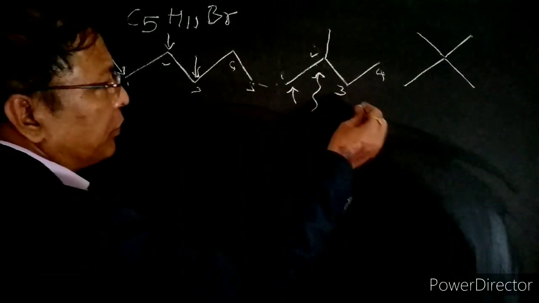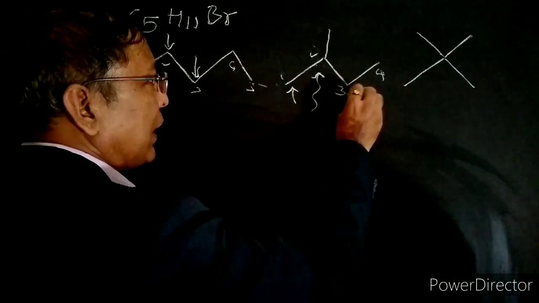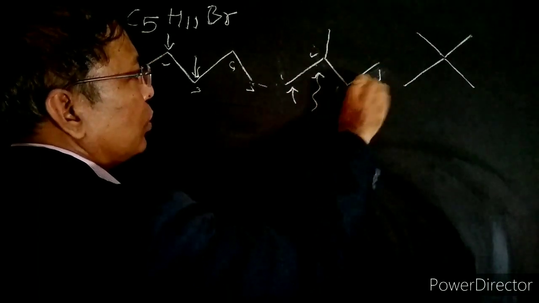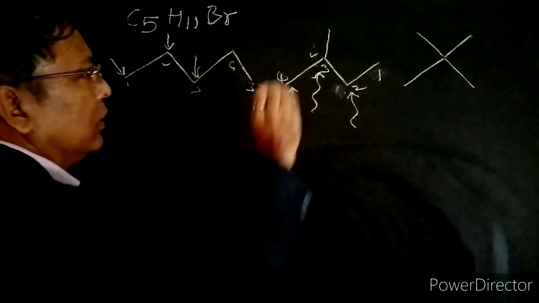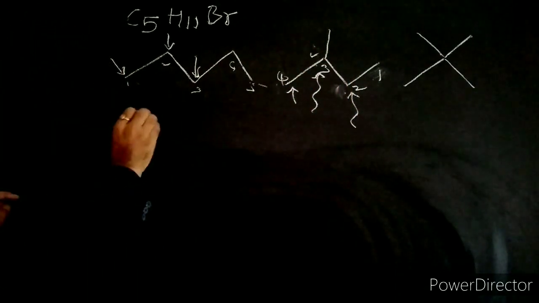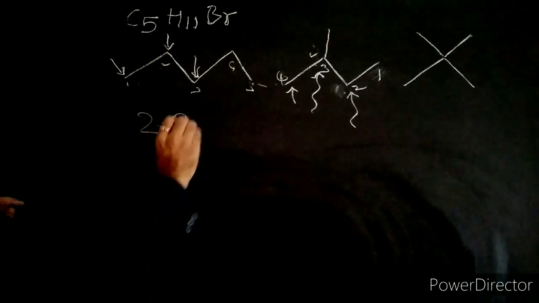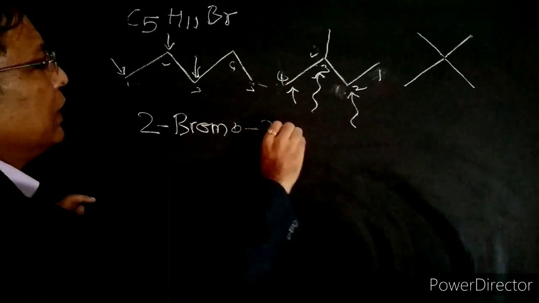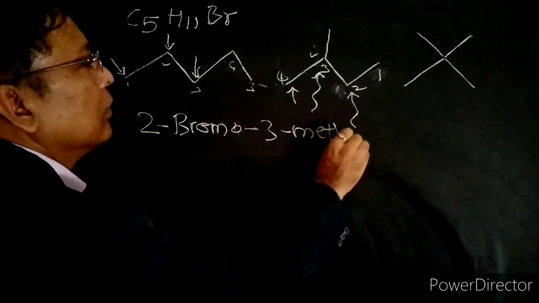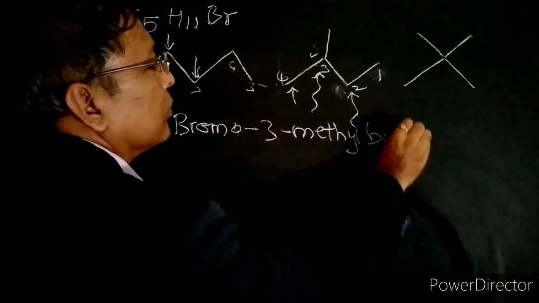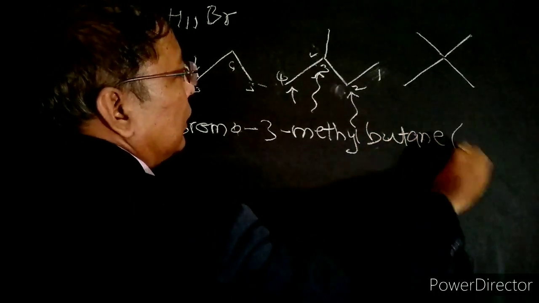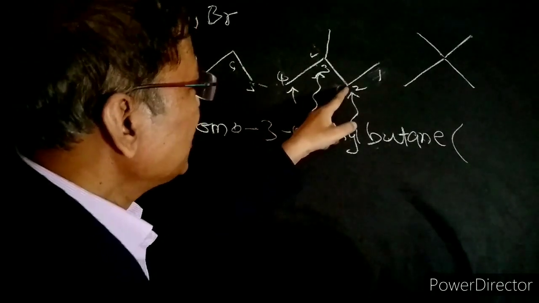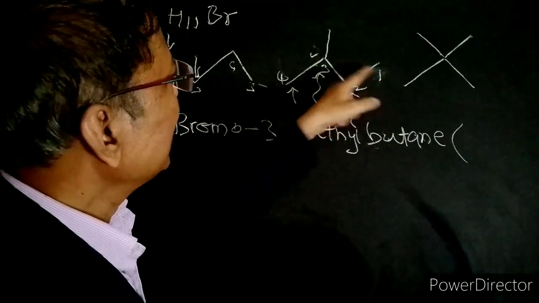If the bromine is present on this carbon atom, the numbering should be done from this end now: 1, 2, 3, 4. So its name becomes 2-bromo-3-methylbutane. What is the degree of this? Bromine is present on this carbon atom, which is attached to 2 other carbons, meaning secondary.